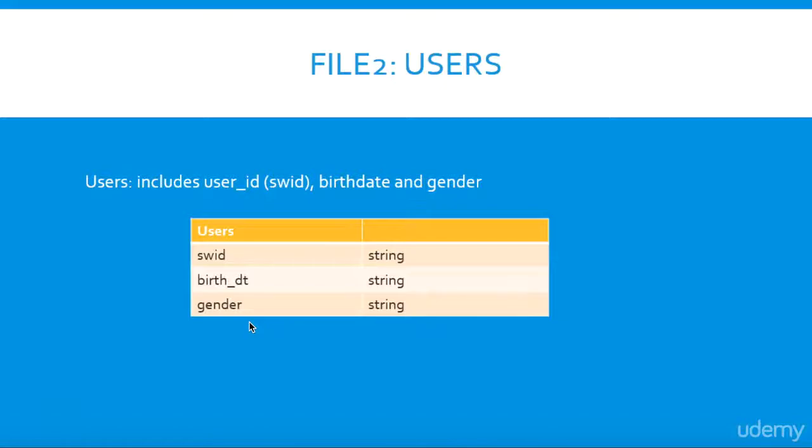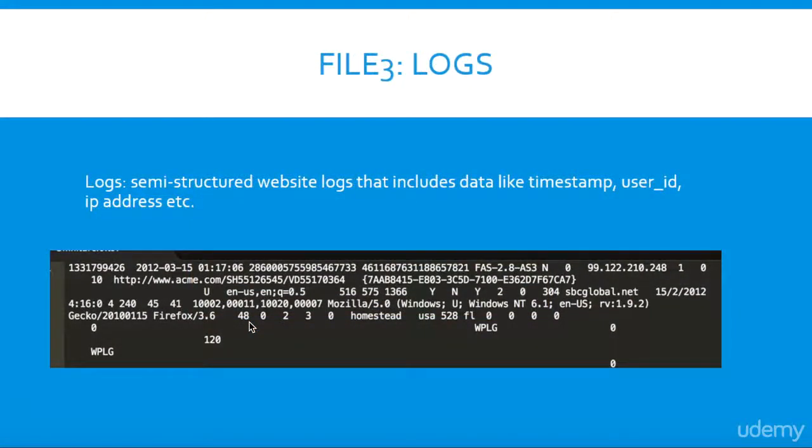It contains user ID, date of birth, and gender. Logs: these are semi-structured website logs that include data like timestamp, user ID, IP address, and basically clickstream data.